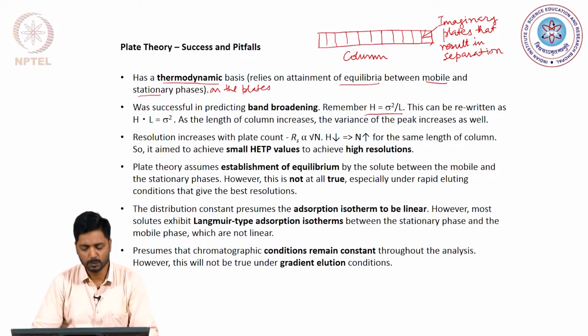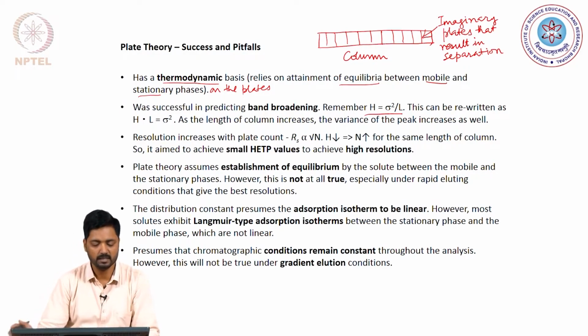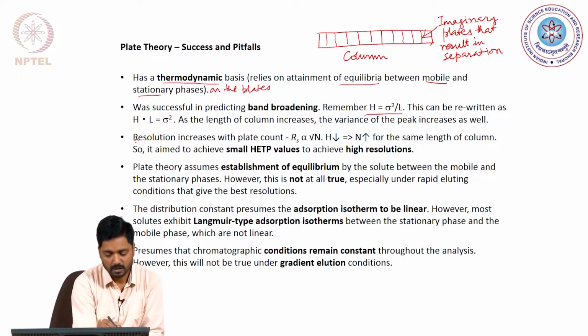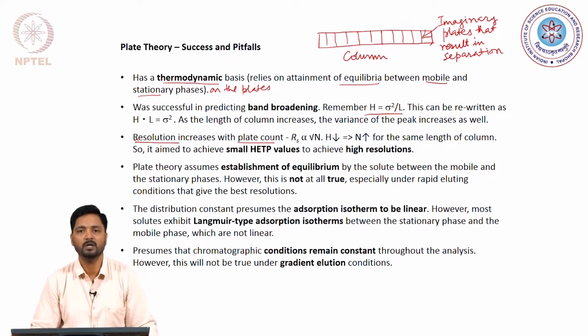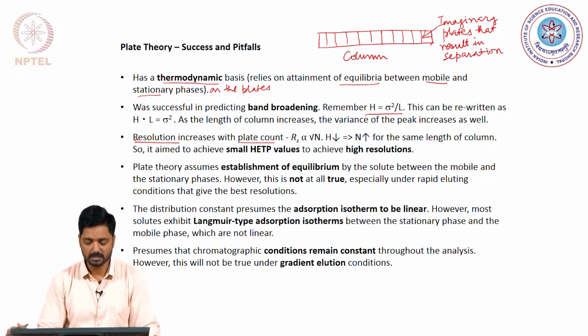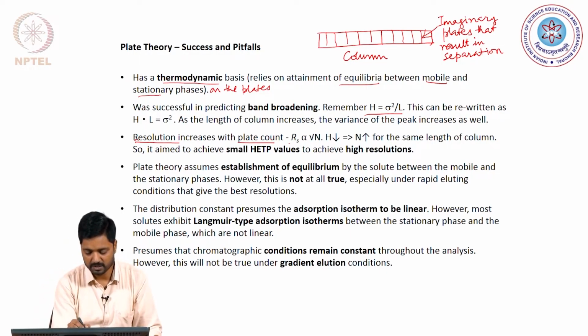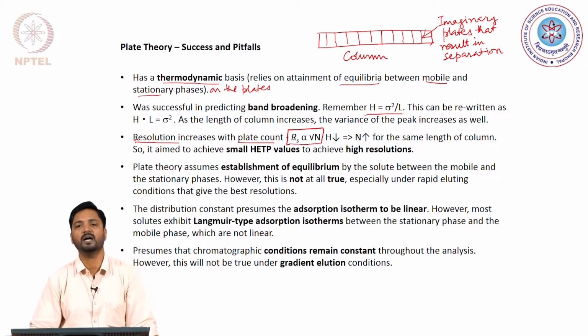We saw through plate theory that the resolution could be increased if we increase the plate count, or the total number of plates present within the column, and this was discussed in the previous class. What we figured out is that the resolution Rs is proportional to the square root of n.